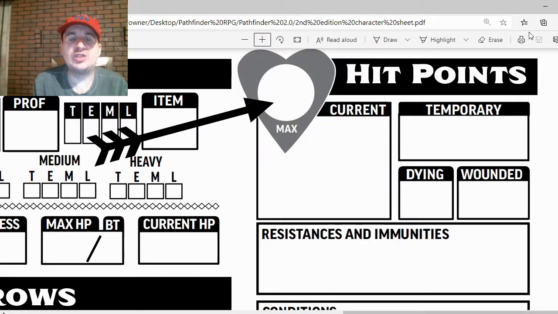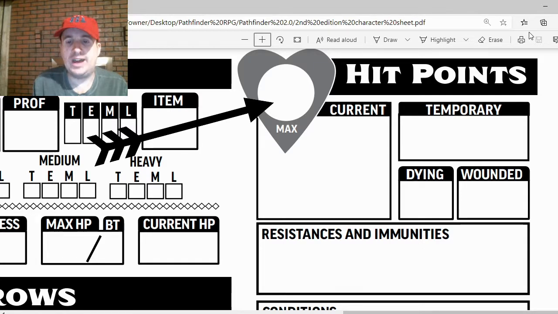Last thing on the first page of the character sheet I need to talk about is hit points, otherwise known as HP. This is a measure of how much damage your character can take before falling unconscious. This is determined at first level. You get your ancestry hit points, your class hit points, and your constitution modifier.